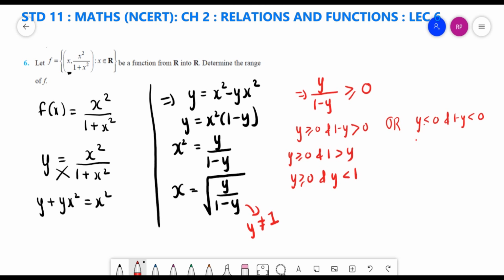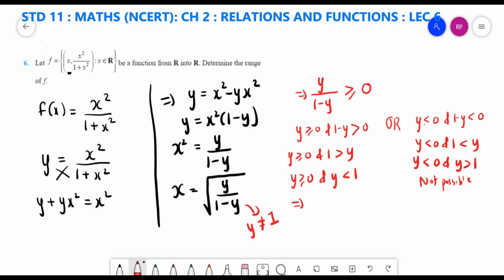In the other case, y is less than 0 and 1 is less than y, that is, y is less than 0 and y is greater than 1. Now, is it possible that y is less than 0 and greater than 1? Is there any number which is less than 0 and greater than 1? No. So this is not possible. So what does this imply?